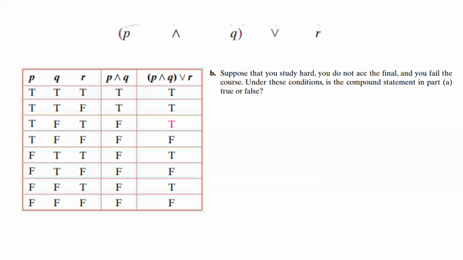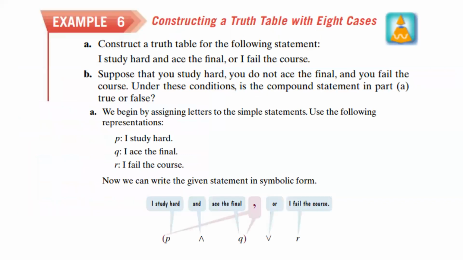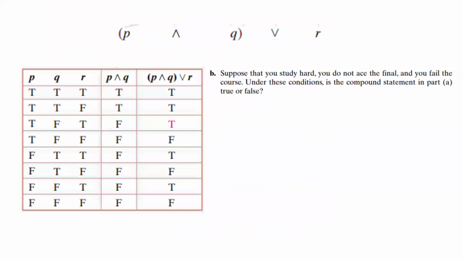And so recall that P is you study hard, Q is that you ace the final, and R is that you fail. And so now I'm told that you study hard, so my P is true. You do not ace the final, so my Q is false, and you fail the course, so my R is also going to be true.